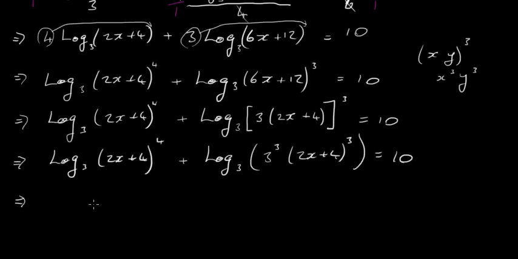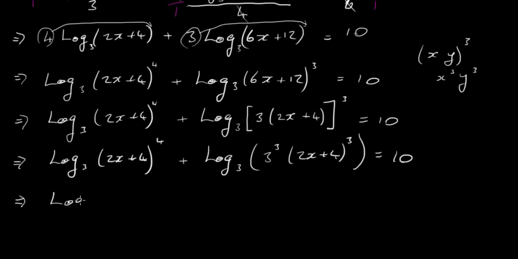Okay, so now what I'm going to do is use the first law of logs in reverse. I've got log of something to the base 3 plus log of something to the base 3. So these two somethings I can multiply.